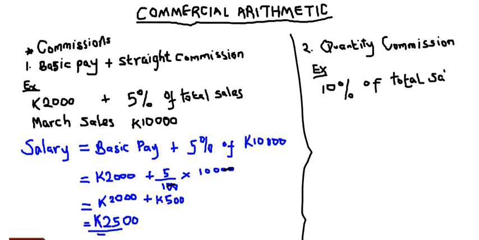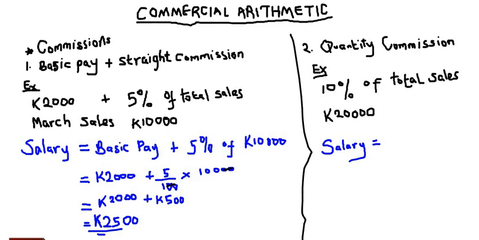So whatever the arrangement, quantity commission is solely dependent on how much is sold. Now if we say we have sold, for example, in a particular month, goods and services valued at 20,000 kwacha, what would be the earning, the commission salary in that particular month or that particular payment period?